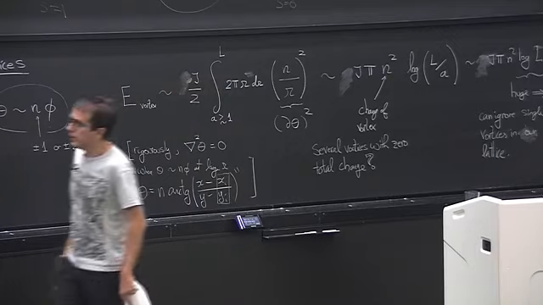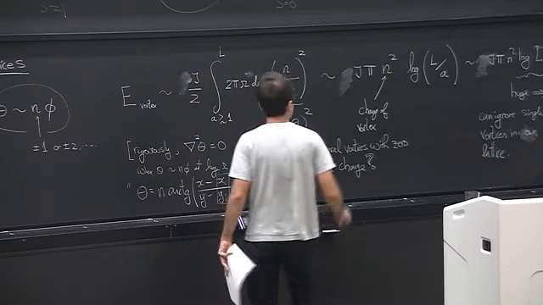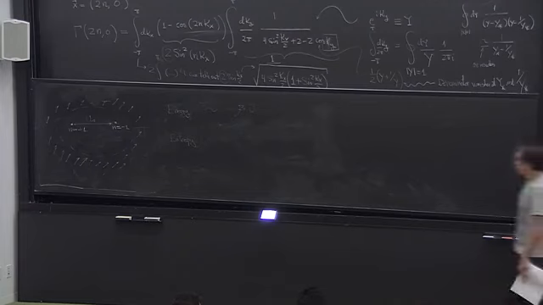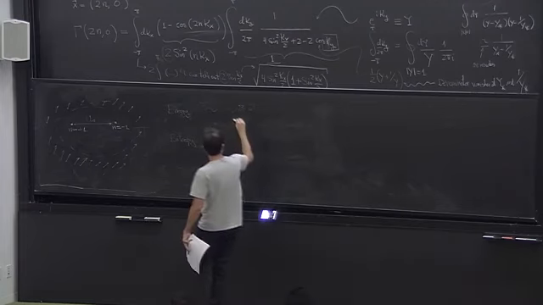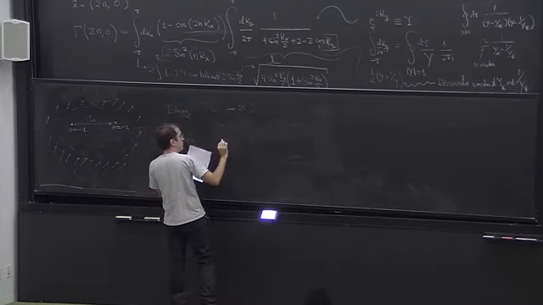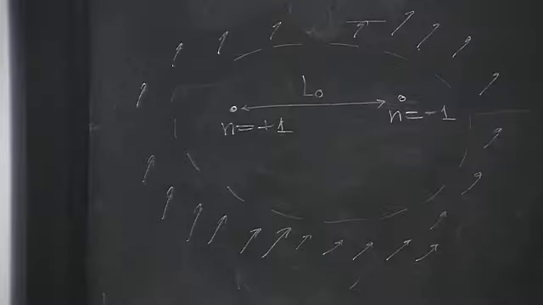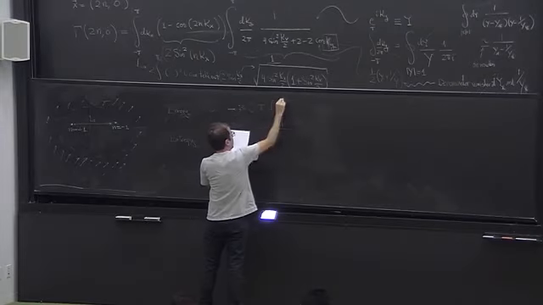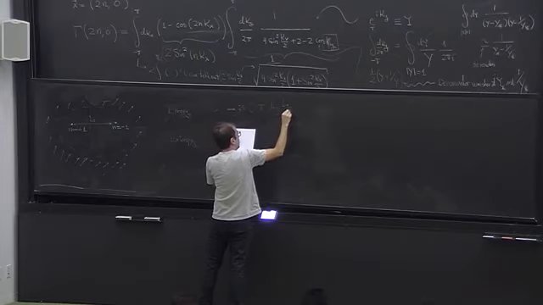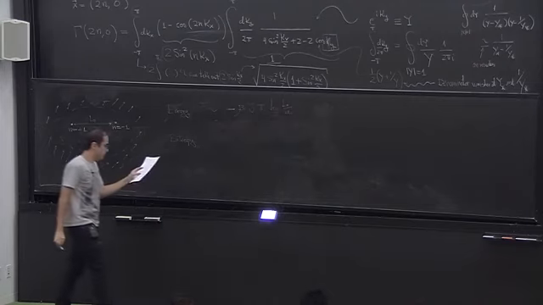But when I compute the contribution to the free energy, it is minus beta times the energy. So the contribution to the free energy is minus beta J pi log of L0 over A.